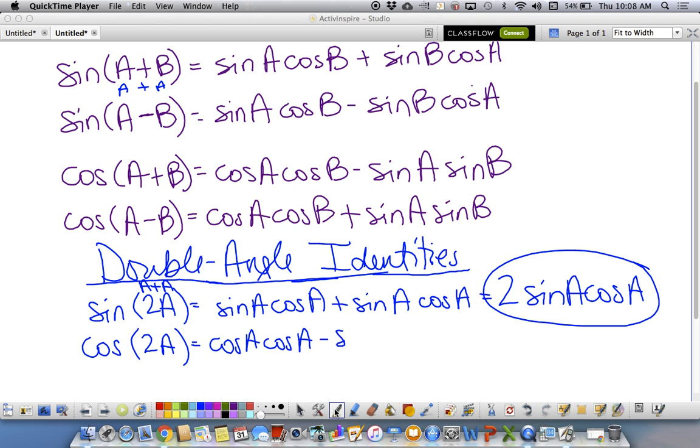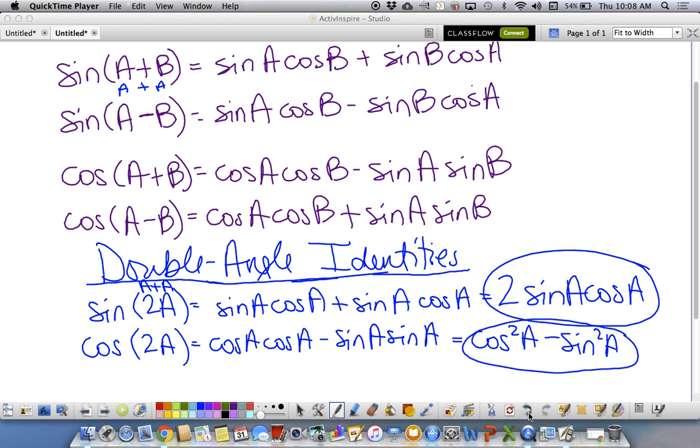Minus. Sine A sine A. Now we have cosine A times cosine A, which is cosine squared, and sine A times sine A. Cosine squared minus sine squared. Okay?